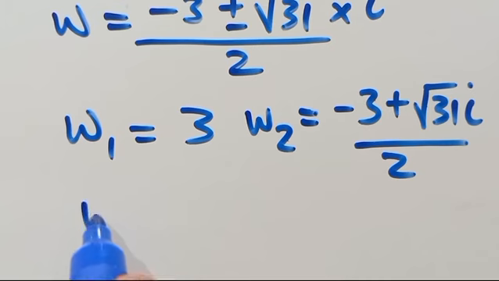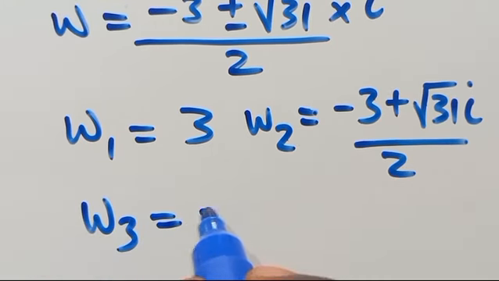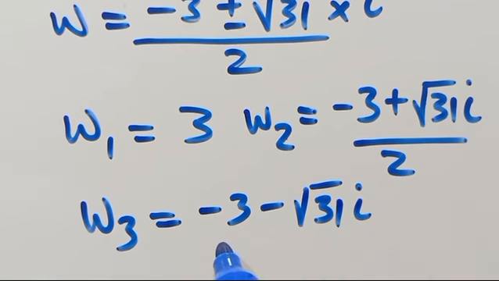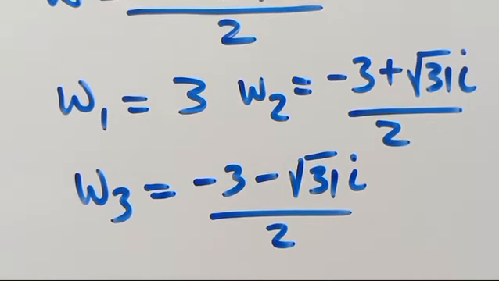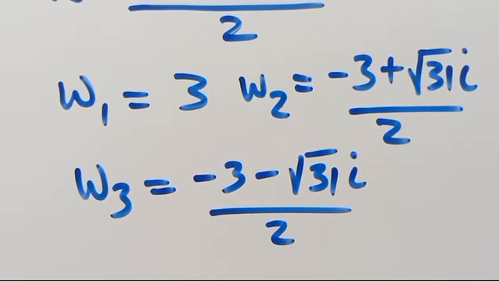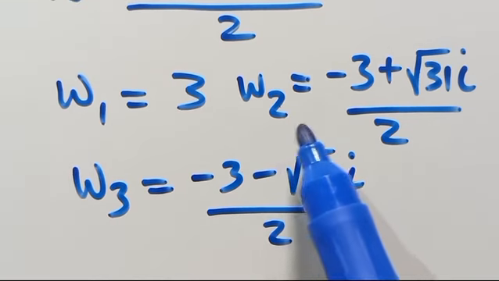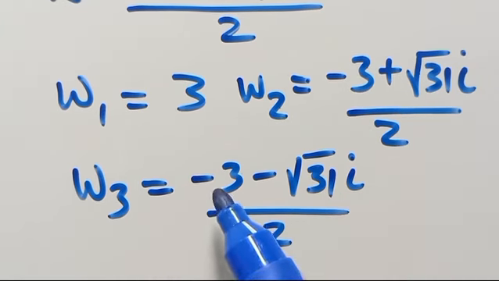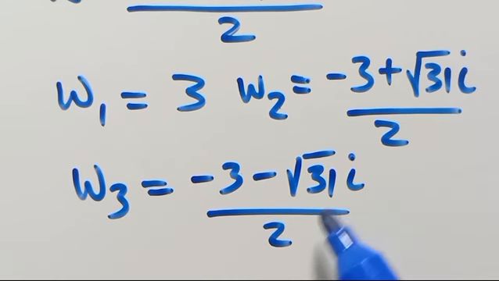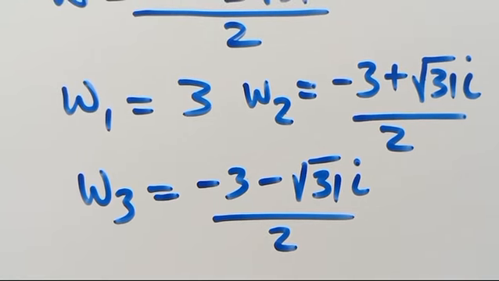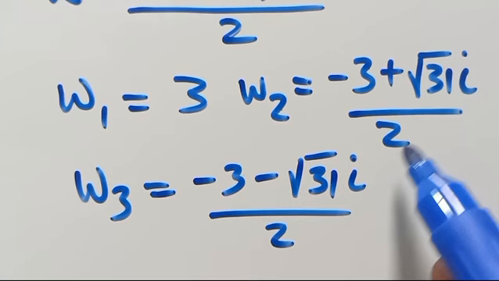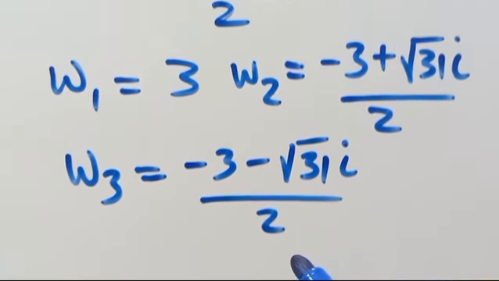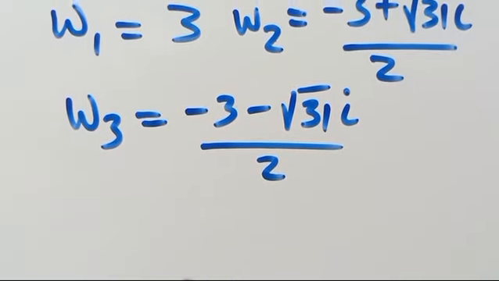W3 equals minus 3 minus root of 31i over 2. But mind you that these last two answers are complex solutions. So let's check whether the real solution satisfies the equation.